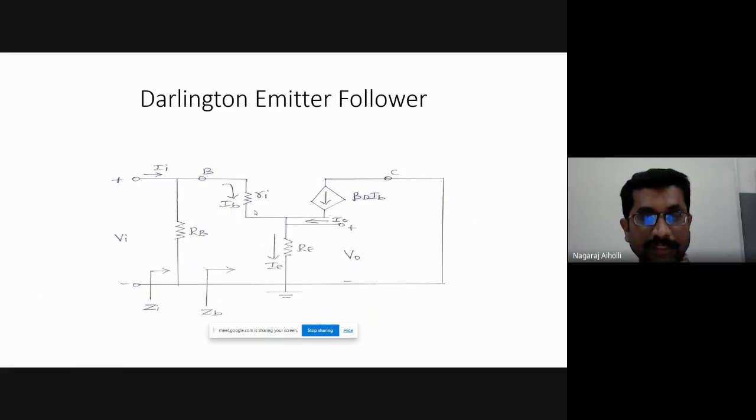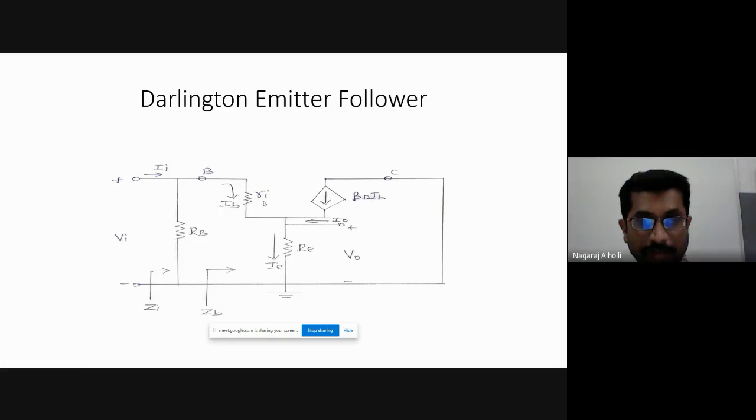So just see here, this is almost the same as the emitter follower AC equivalent circuit. What is the change? The change is in this portion. There we have re or beta re, but here we have Ri. As two transistors are connected, the small value of resistance will not be there, but a larger value.